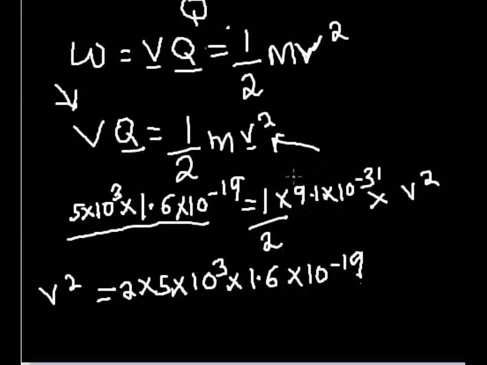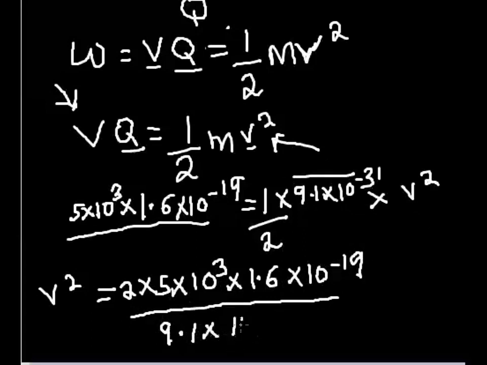Then of course I now divide it by this, that gives me the v square: 9.1 times 10 raised to the power of minus 31.